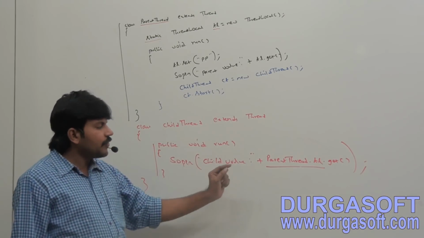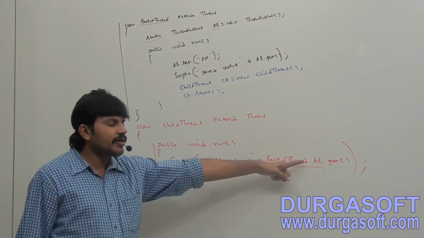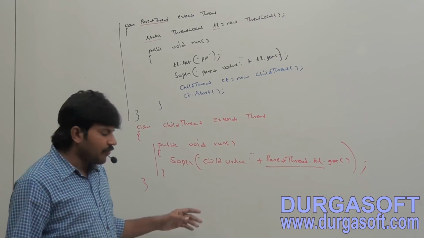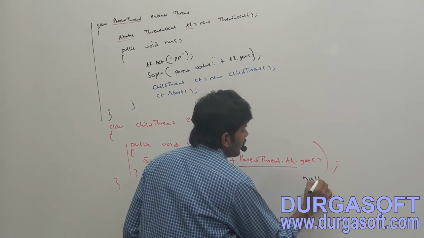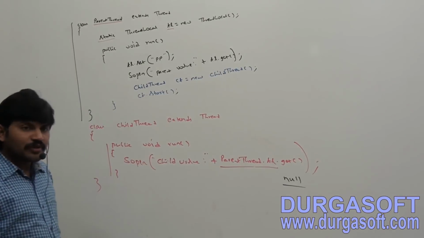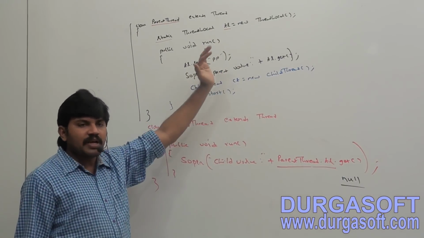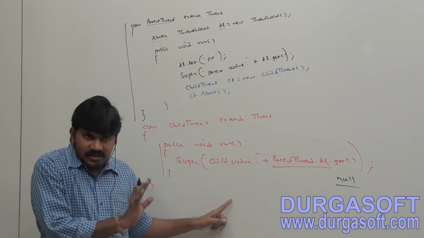That's why if the child thread asks for the child value, the thread local object is going to say, child, you didn't add anything, so how can I provide? What value will it return by default? Null. The parent thread added some value, but by default the parent thread value is not available to the child thread. Is it clear for all of you?